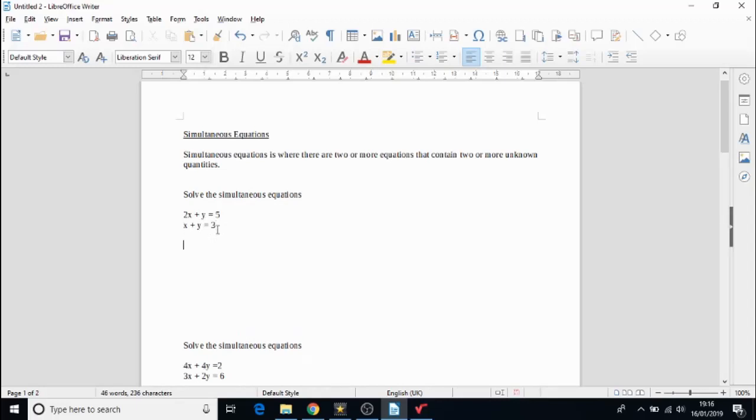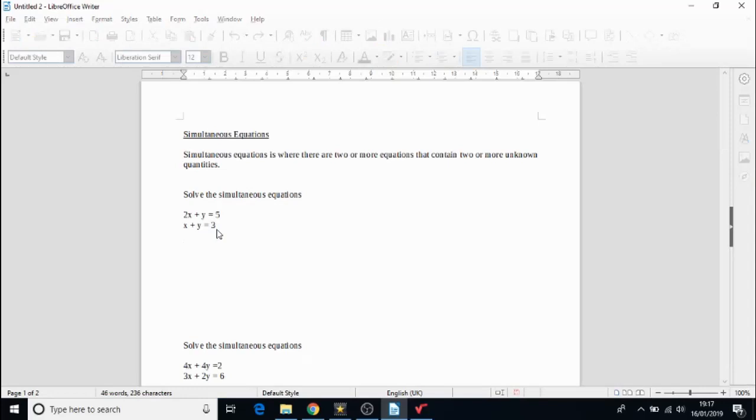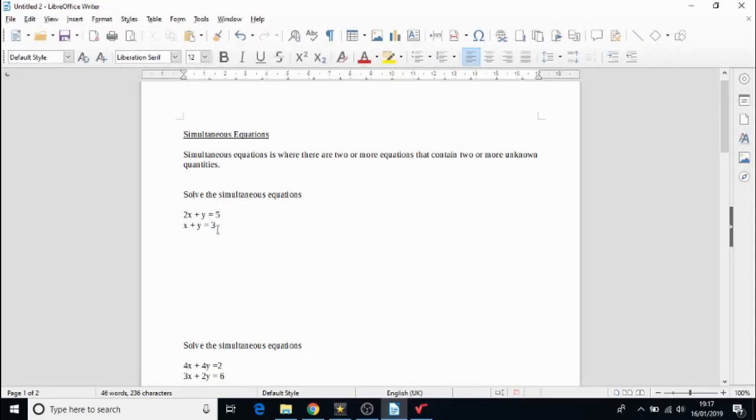So you want to eliminate one of the variables where the coefficients are the same. In this question, both coefficients for y are the same, so you can eliminate them. The way to eliminate them is by subtracting them from each other to get 0, so they cancel each other out.